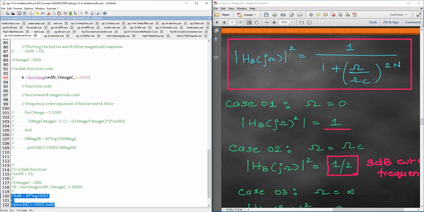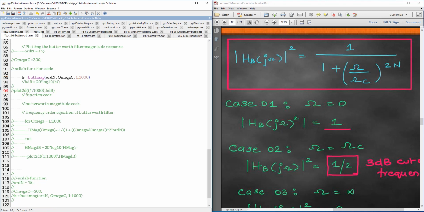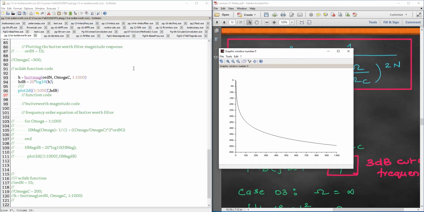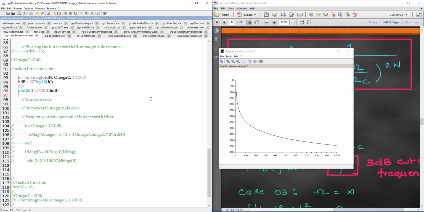Okay, so you need this plot. For plotting this, I'm putting these two lines. Okay, so I'm just plotting, see, almost the same.